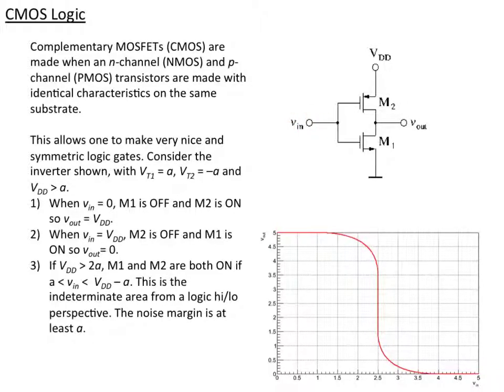So first of all, if Vin is 0, then the voltage drop from the gate to the source on the NMOS part, M1, is 0, so it is off. On the other hand, we have a minus 5 volt drop from the gate to the source on the PMOS kind, which means it's on.